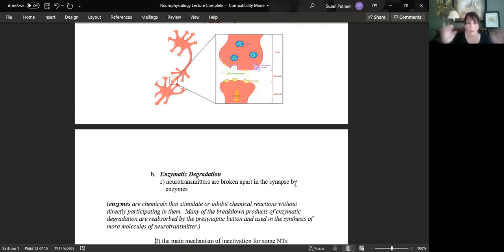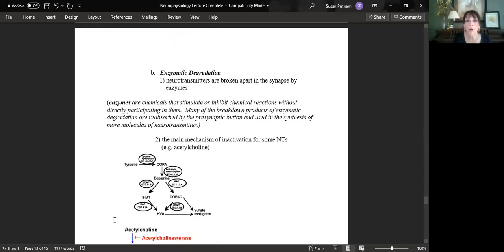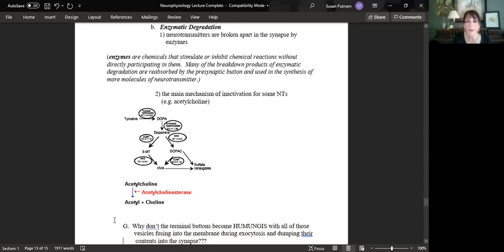Love it. You know, really being conscientious little guys, okay? So, degradation means to break down or to break apart. So this simply means that neurotransmitters are broken apart in the synapse by enzymes, and there are different enzymes for different neurotransmitters.